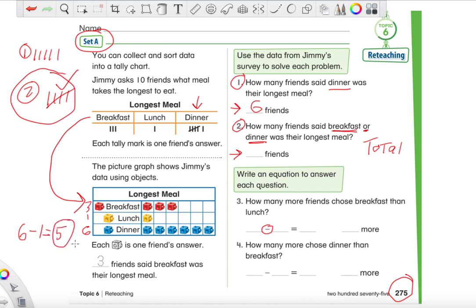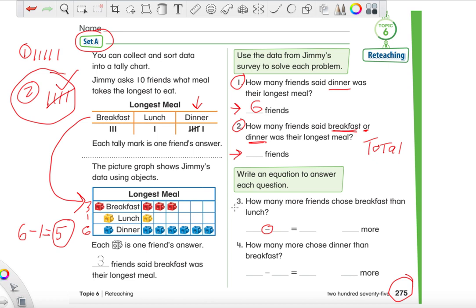And that gave me the same answer that I just got a second ago. Now they have a little area set up over here to make a subtraction sentence. If you're able to just look at the graph and compare and give me the answer right away, you don't have to make a subtraction sentence if that's not your method, okay? But it is an option.